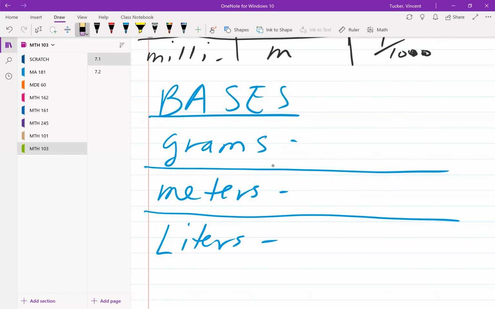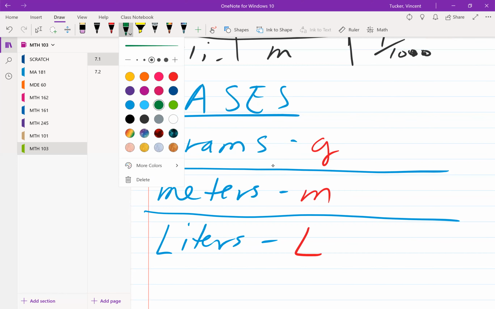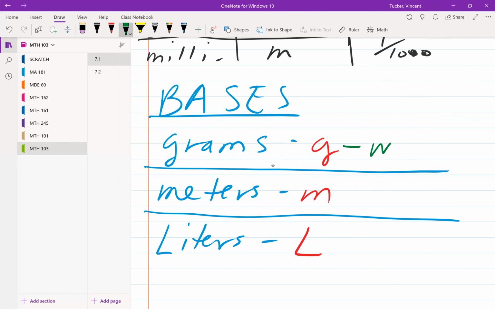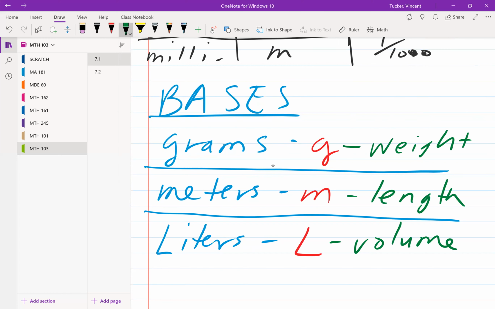Abbreviation G, M, and capital L. This measures weight, length, and volume.